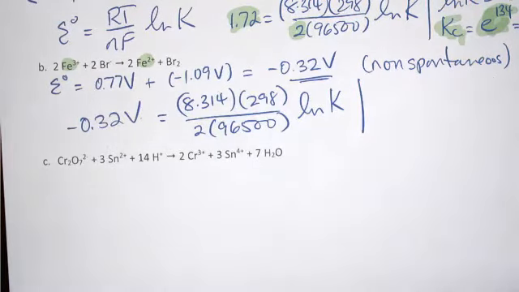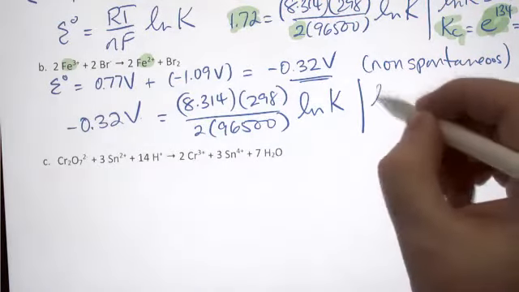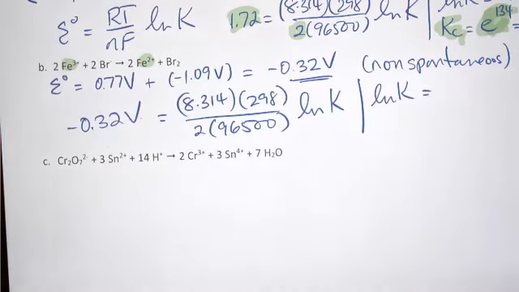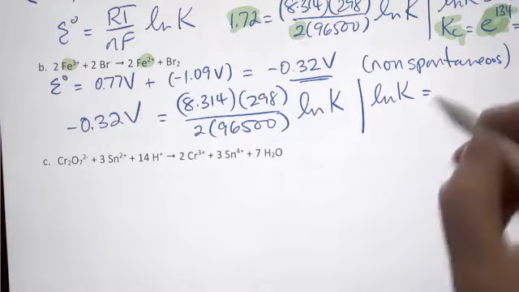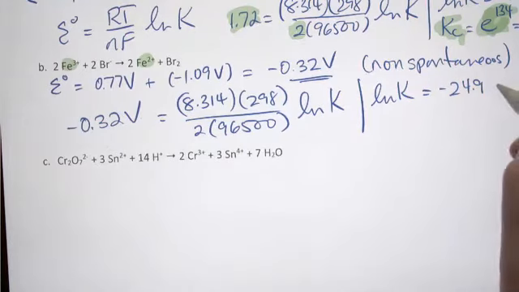Grab your calculator and isolate the natural log of K. What will that equal using those numbers? So negative 0.32 times 2 times 96,500 divided by R divided by T. I get negative 24.9. I usually keep an extra sig fig at least, negative 24.9 at this point, and I'll round it off to 2 sig figs at the end.